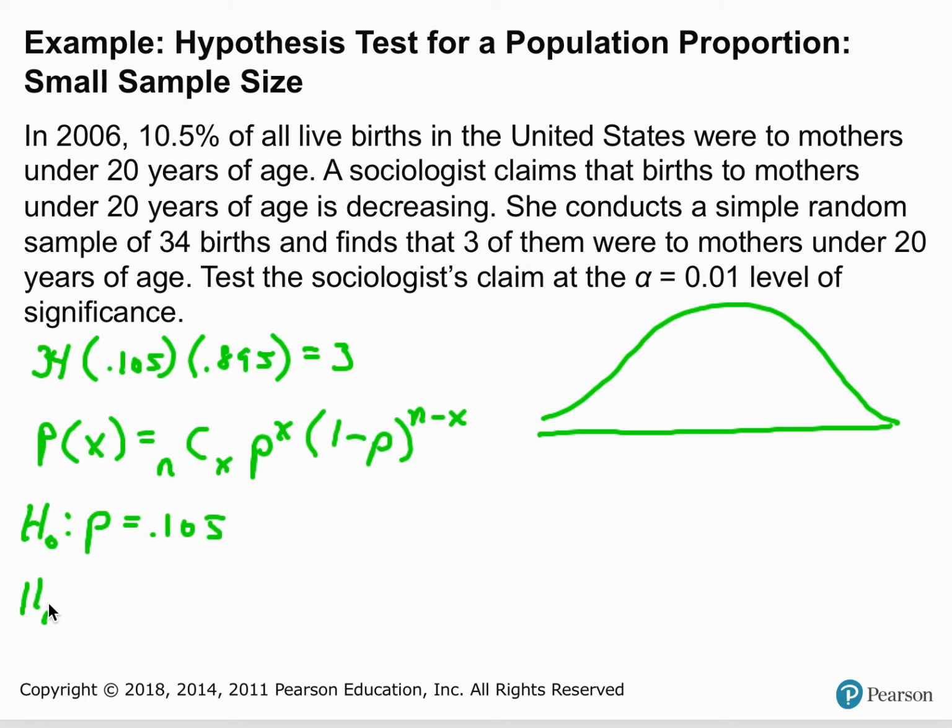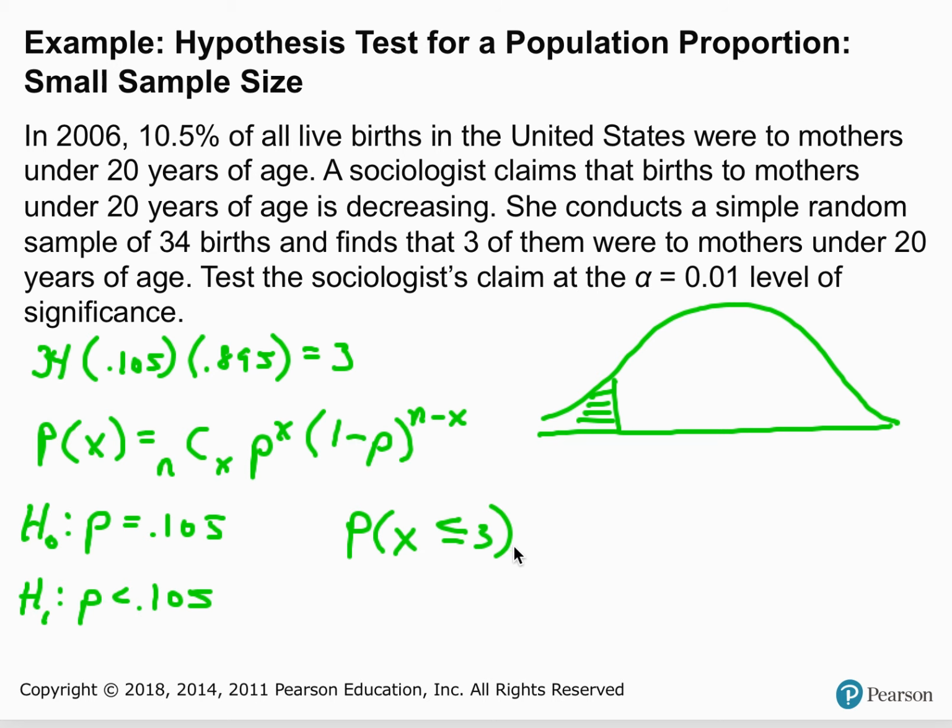Okay, so it's a left-tailed test. Now, what we would need to do, this is that 3 of them, we want to know the probability that x is less than or equal to 3.